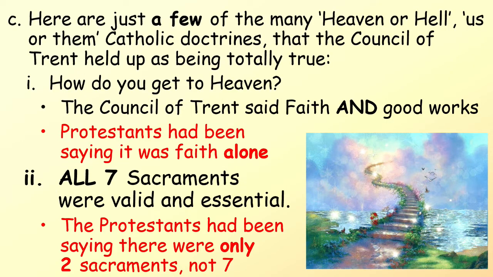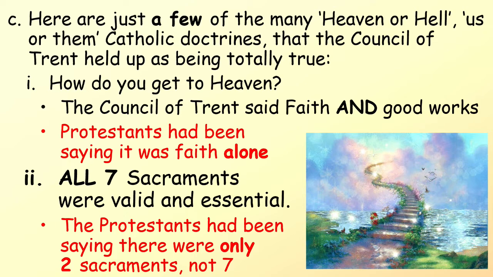Here are just a few of the many heaven or hell, us or them Catholic doctrines that the Council of Trent held up as being totally true and accurate. For example, how do you get to heaven? The Council of Trent said it was a combination of faith and good works. The Protestants, as we have seen, had been saying that it was faith alone.